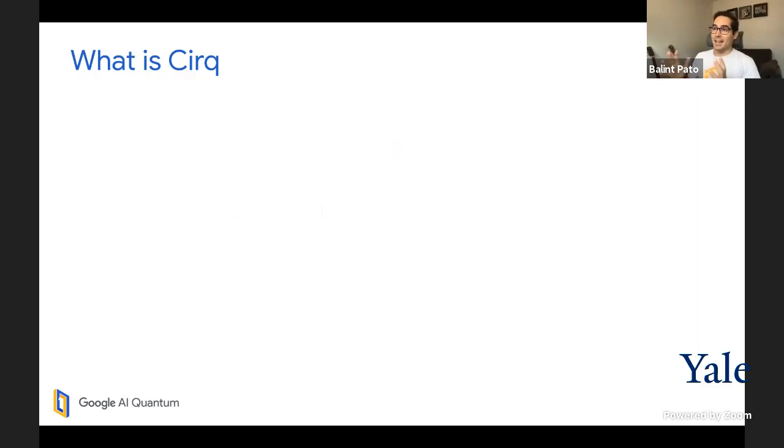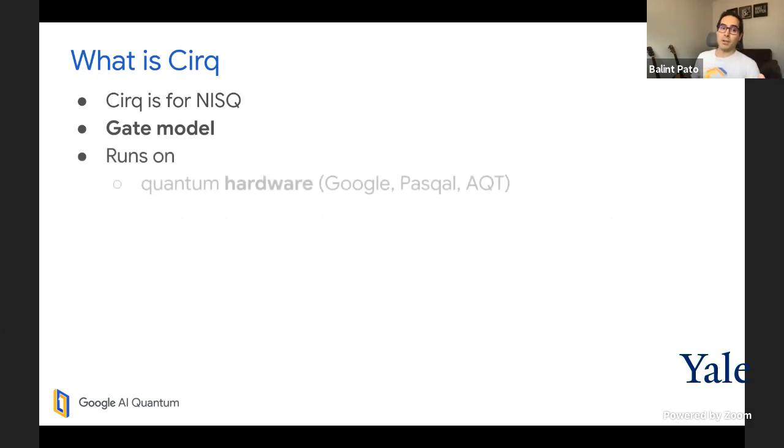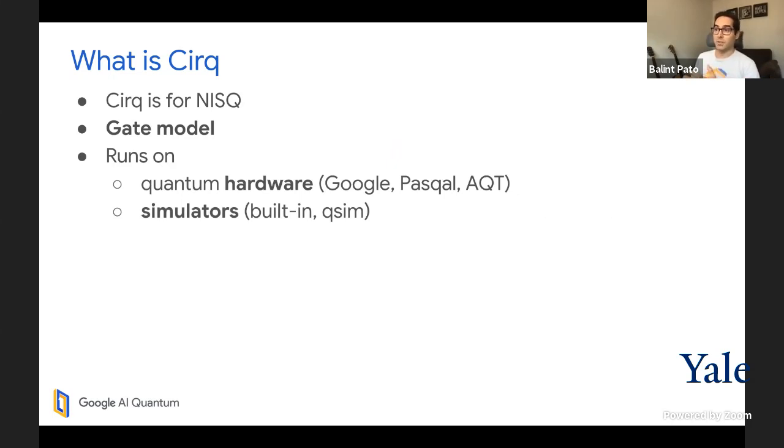All right, so with that out of the way, we're going to talk about Cirq today. Cirq is specifically meant for NISQ-era quantum computers. It allows you to use the gate model quantum computing language to define algorithms that can be run on current devices and a plethora of simulators, and you can express what operations should run in parallel on different qubits.